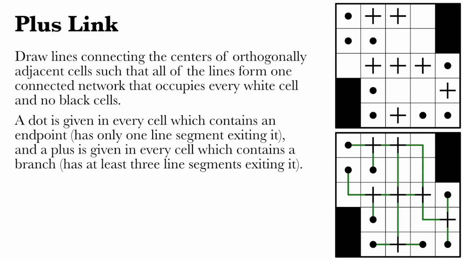In Plus Link, we will draw lines connecting the centers of orthogonally adjacent cells, such that all of the lines form one connected network that occupies every white cell and no black cells.